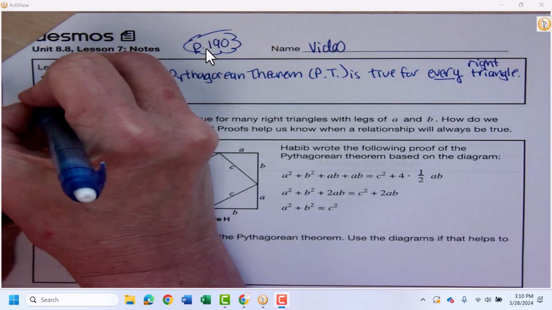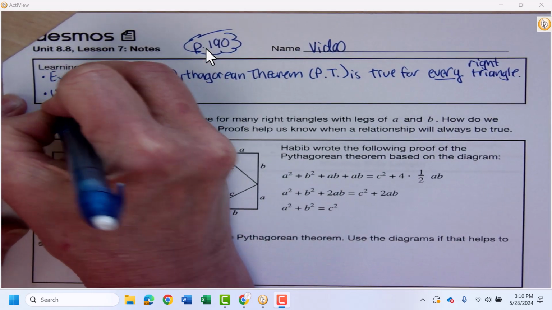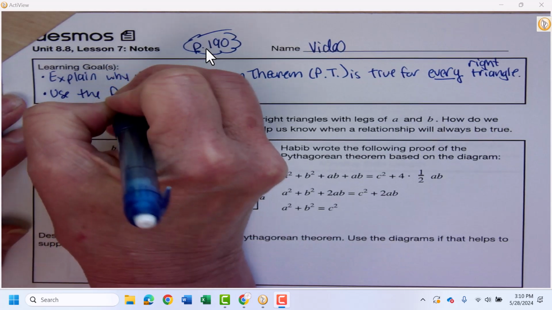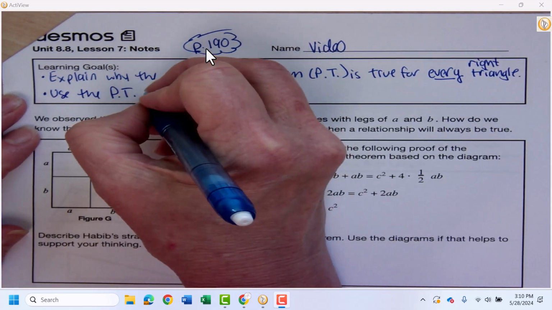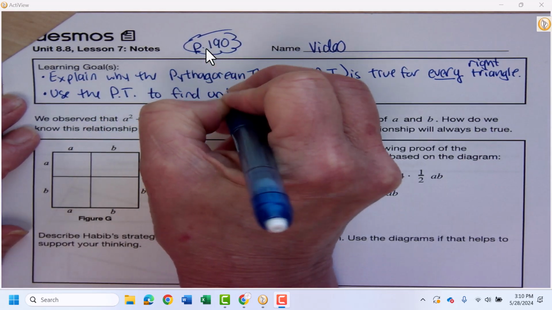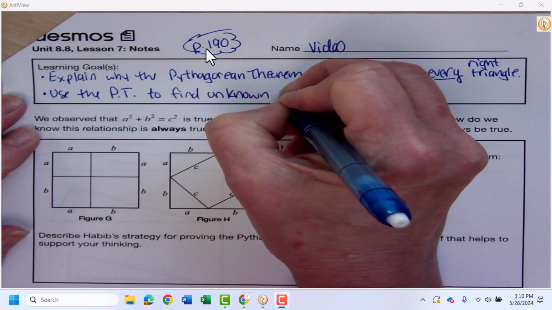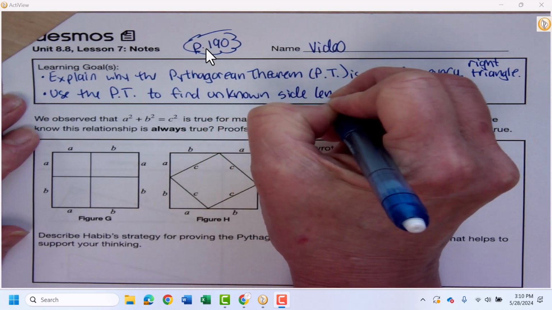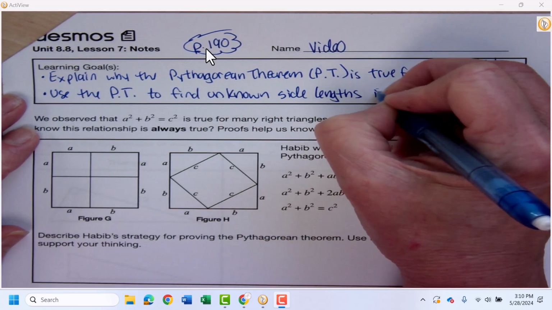And secondly, we'll use the Pythagorean theorem, PT, to find unknown side lengths in right triangles.